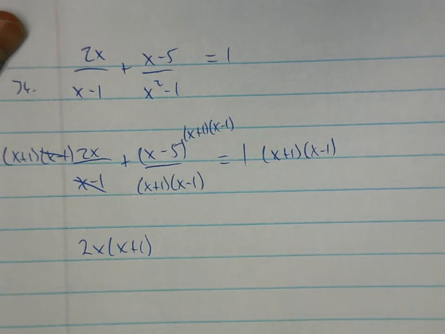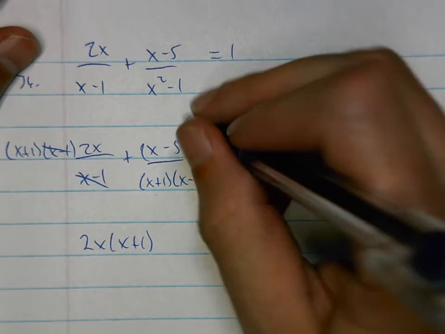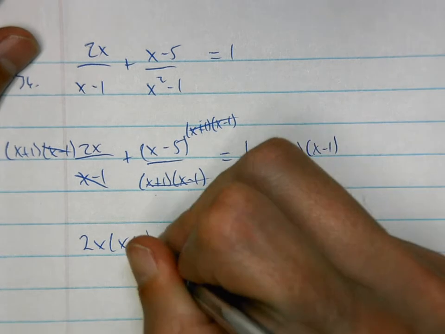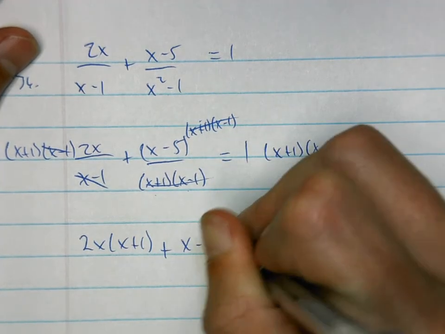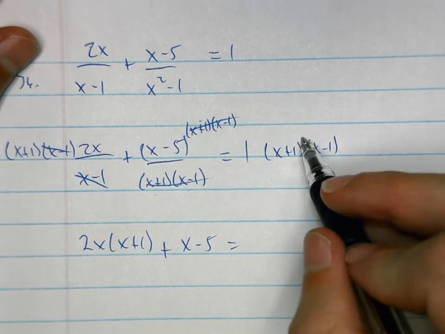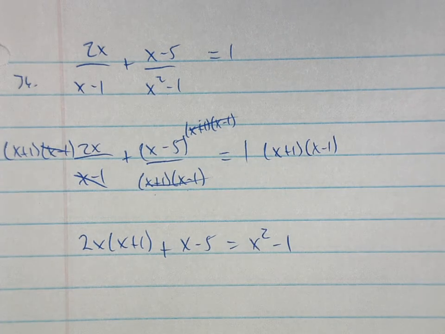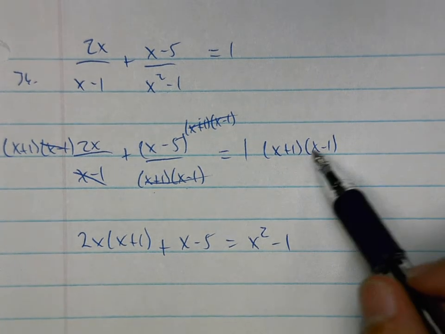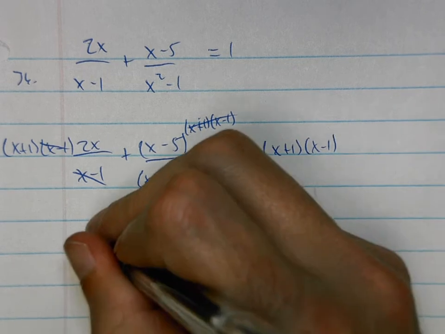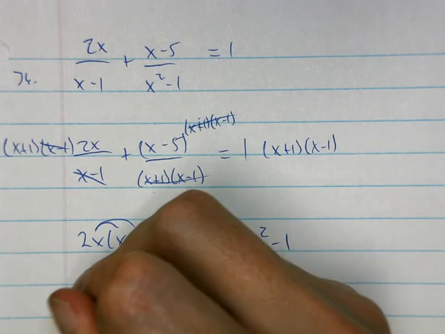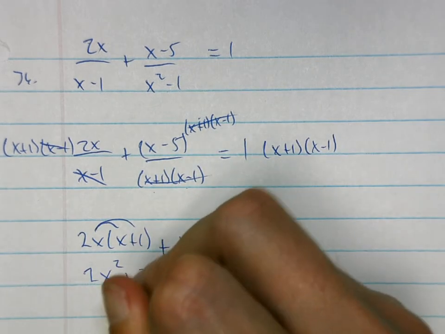Those both cancel, so that's just plus x minus 5. And these will actually become this x squared minus 1. You would FOIL this back out. Distribute: 2x squared plus 2x plus x minus 5 is equal to x squared minus 1.